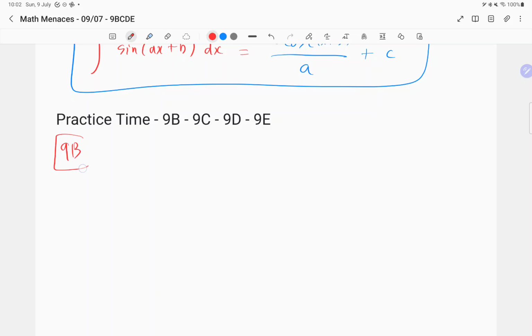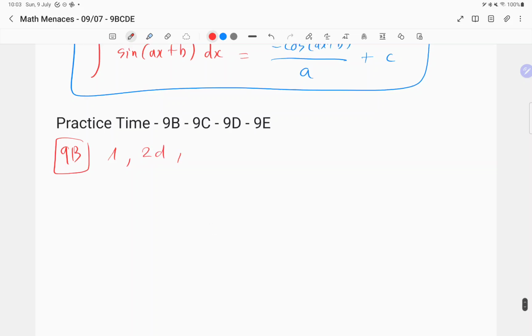Let's start with 9B, and the questions will be question 1, 2D, and question 3AB.